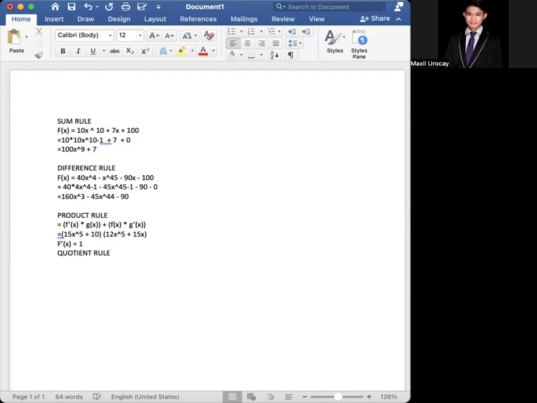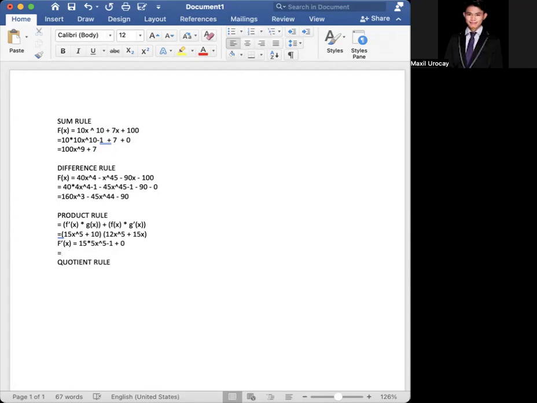And that is 15x to the power of 5. So it will become 15 times 5x to the power of 5 minus 1, and then plus 0.